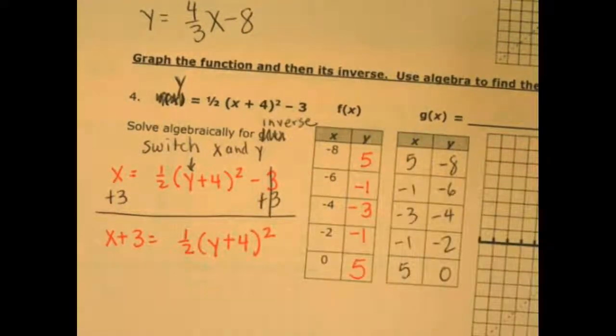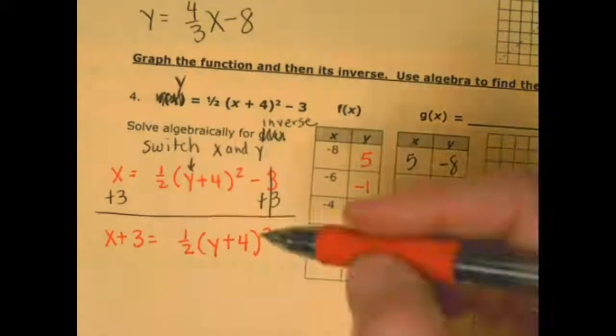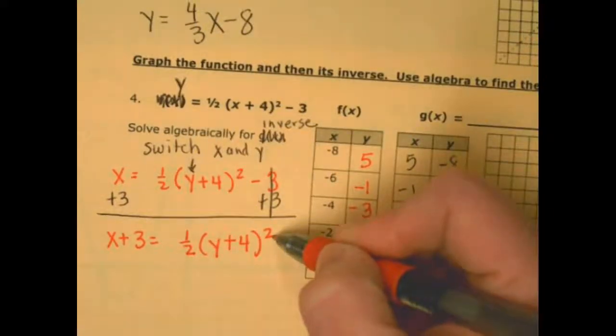Am I going to distribute the 1/2 into the parentheses next? No. Do not distribute a number into a parentheses where the parentheses is squared. You cannot distribute the 1/2 into the parentheses because the parentheses is squared.